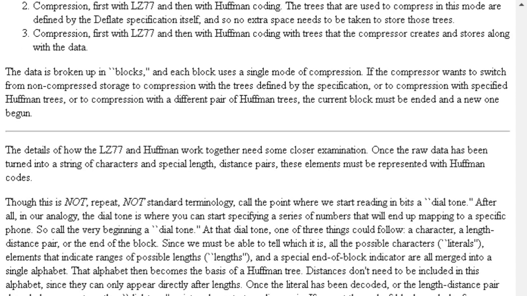The data is broken up in blocks, and each block uses a single mode of compression. If the compressor wants to switch from non-compressed storage to compression with the trees defined by the specification, or to compression with specified Huffman trees, or to compression with a different pair of Huffman trees, the current block must be ended and a new one begun.